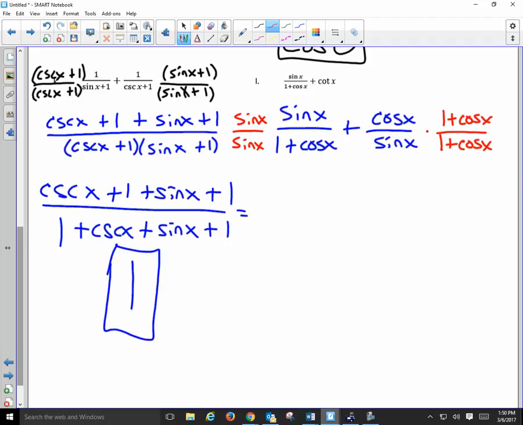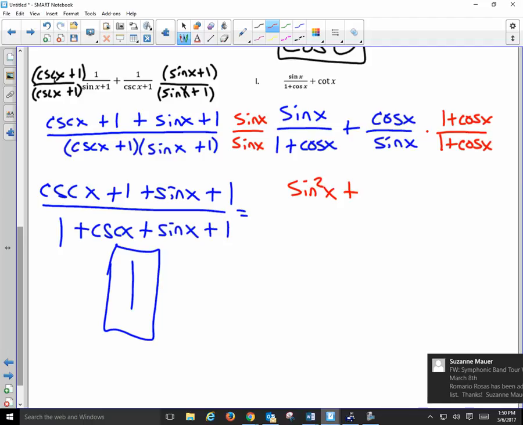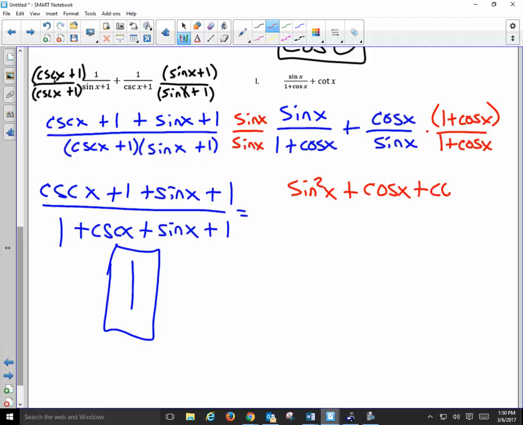All right, so what do we get in the numerator? Okay, so Carter's seen something important here, that when you distribute the cosine, you have to distribute it to both parts. So we get cosine of x plus cosine squared.